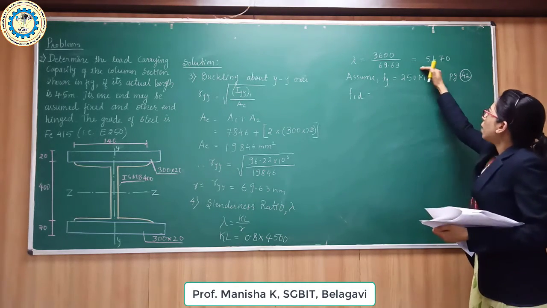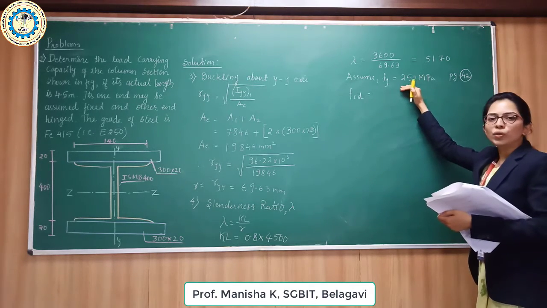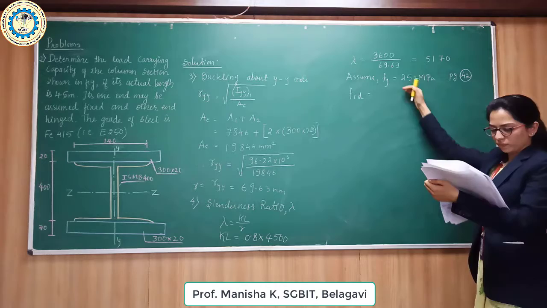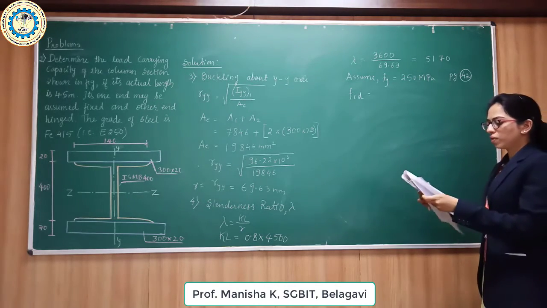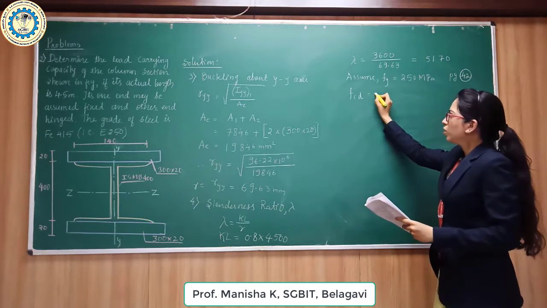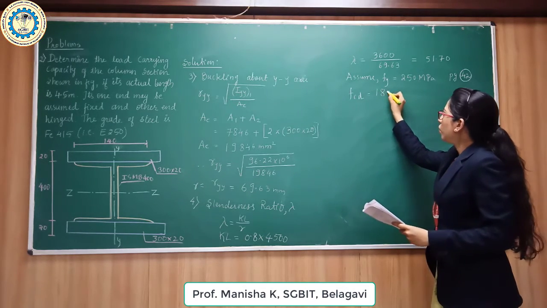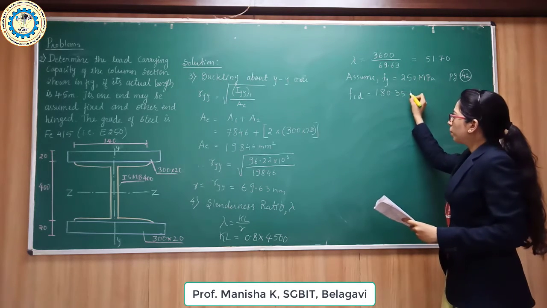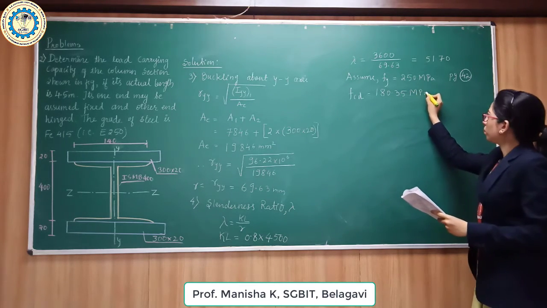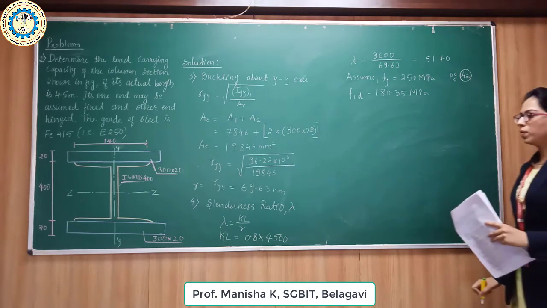For lambda 51.70 corresponds to 250 MPa. By linear interpolation, you will get the value of f of CD as 180.35 MPa.